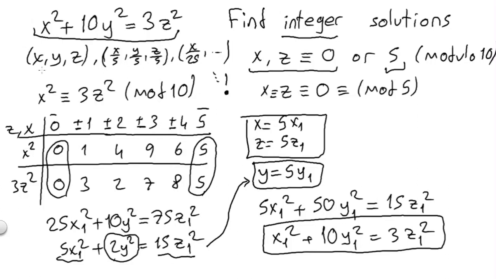But we know that if a solution existed, it would never fail. Since it fails at some point, this cannot be true, so there are no solutions. Okay, so we found a contradiction, and this means that there is no such triple x, y, and z that satisfies this equation. And that's the end of it.